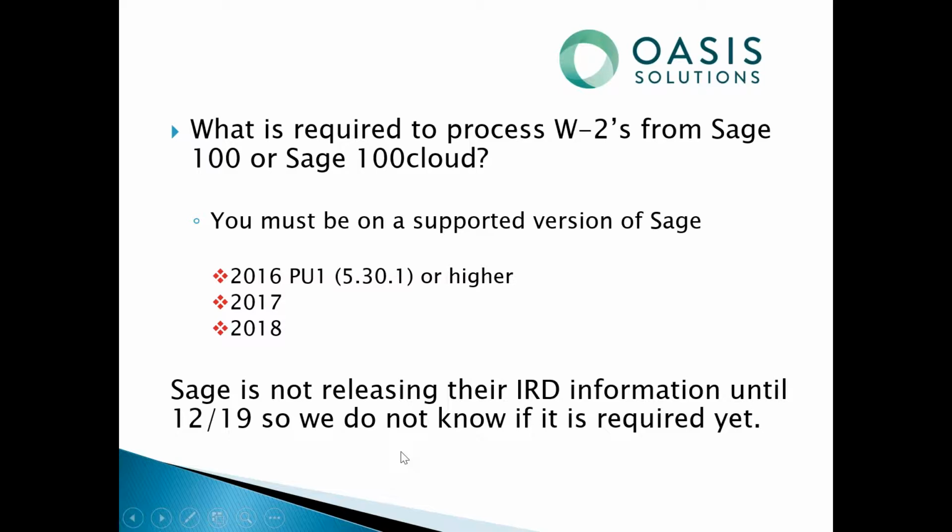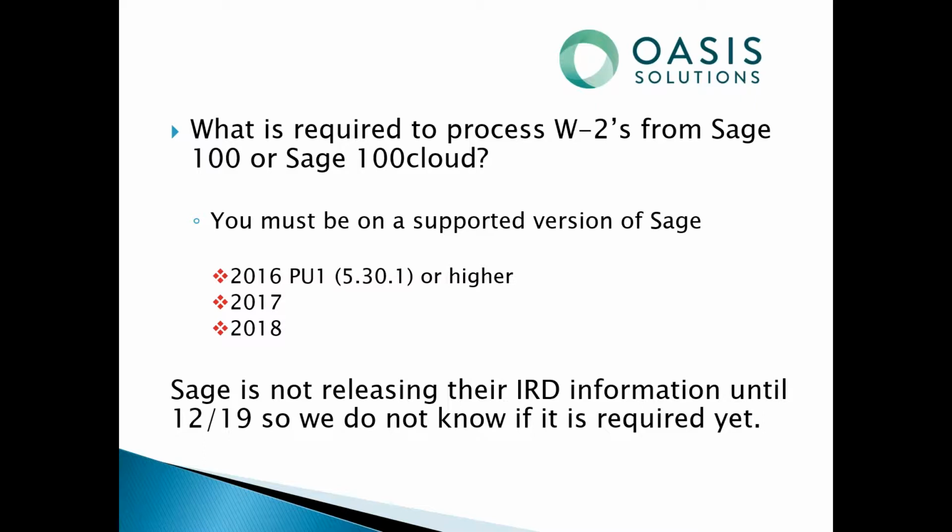As for those of you that have used Payroll for several years, you know that if there's any changes required to the W-2 form, new information that needs to be tracked, anything related to 1099s or W-2s, Sage issues an interim release download that clients can install. And we've been informed that that download will not be available until about 12/19.